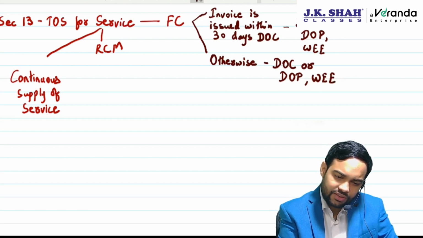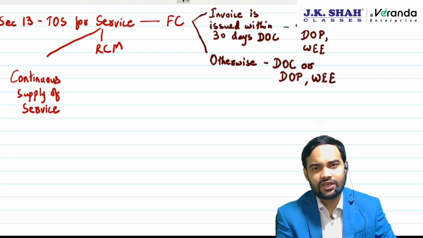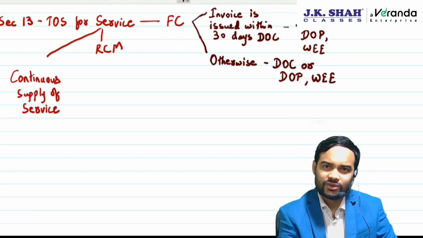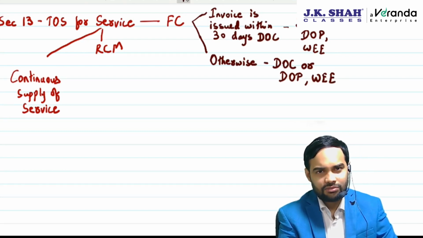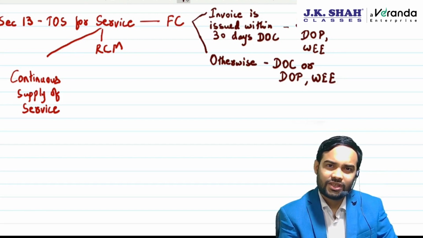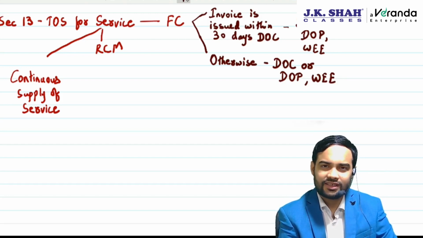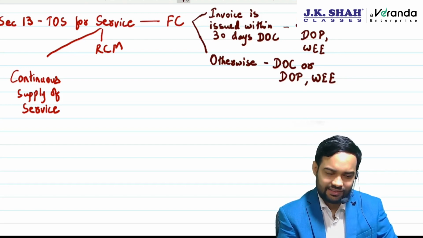Why can't we use date of invoice? Because invoice is not issued within 30 days. How can it be used as a comparable? So within 30 days, invoice or payment; after 30 days, completion or payment. That is how you arrive at the answer.